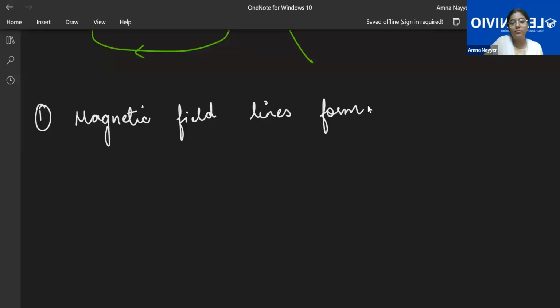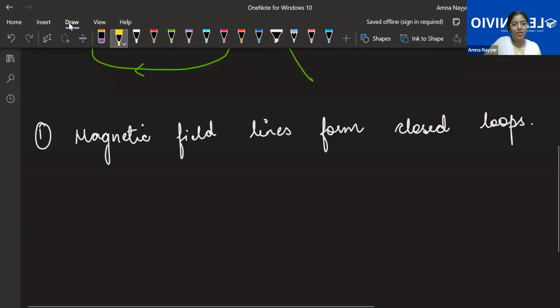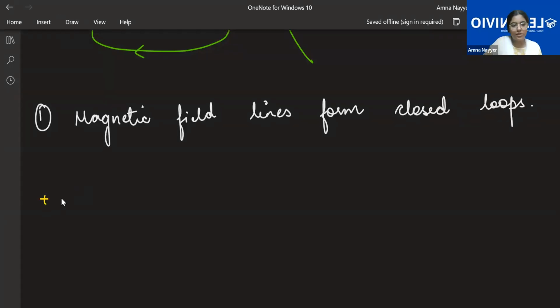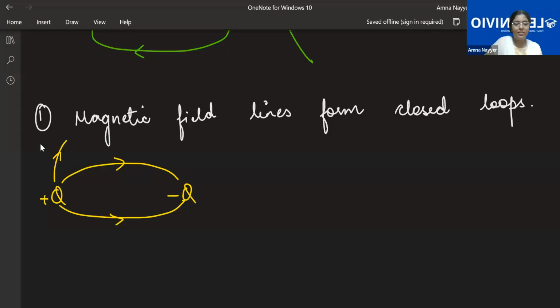When plus Q and minus Q are present, electric field lines move away from the positive charge and move towards the negative one.